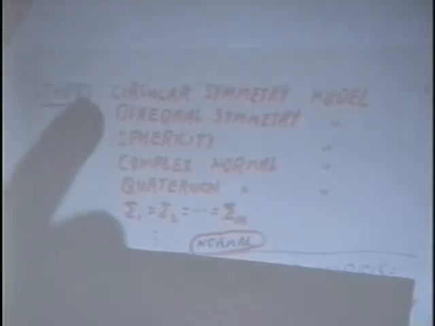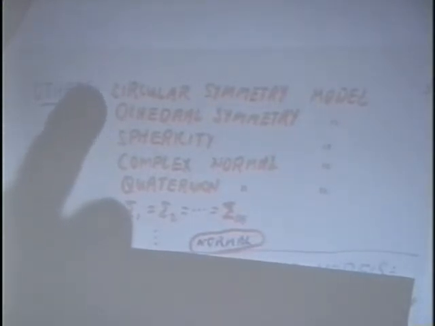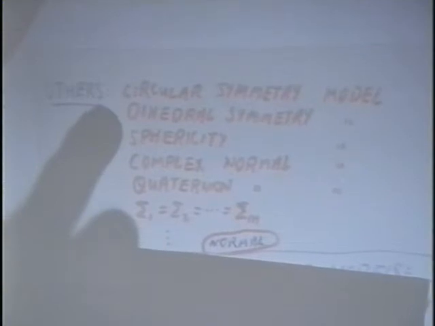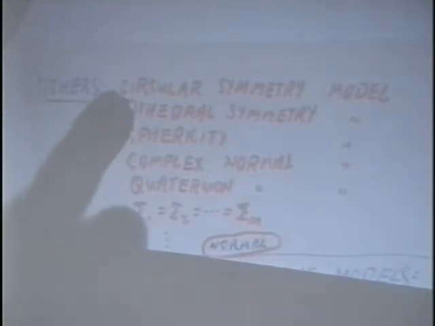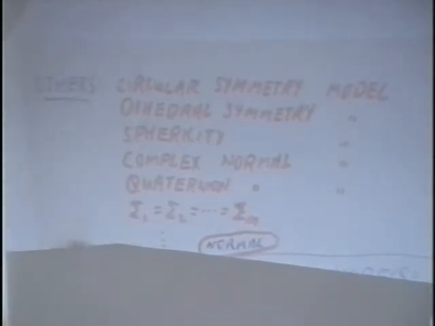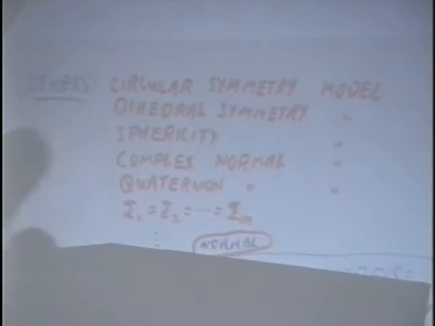Actually, that's not true. In the literature, papers studying what they call the circular symmetry model really are studying the dihedral symmetry model. That is, it's the dihedral group that appeared in previous papers. Studying the groups leads to the proper nomenclature.